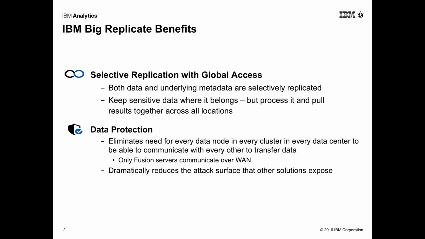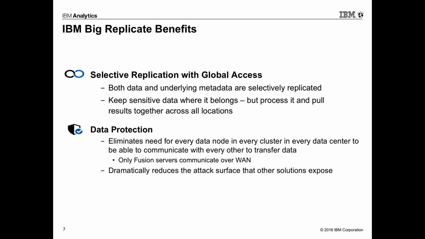With backup or replication solutions such as DistCp, it needs every data node in every cluster in every data center to be able to communicate with each other, to enable the transferring of data. However, with BigReplicate, it eliminates that need, and therefore it minimizes the attack surface.